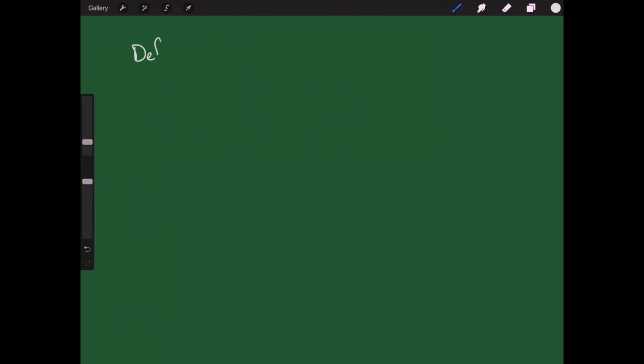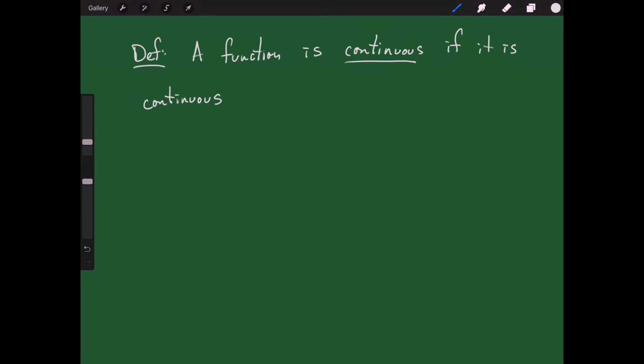Definition: a function is continuous if it is continuous at every point in its domain.